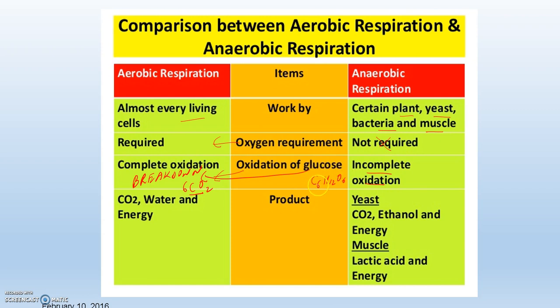This is your glucose, C6H12O6. You're not going to completely break it down into carbon dioxide. What are the products of aerobic respiration? Carbon dioxide, water, and energy. What are the products in anaerobic fermentation by yeast? You are going to have carbon dioxide, ethanol, and of course, energy. In mussels, you are going to have lactic acid and energy.